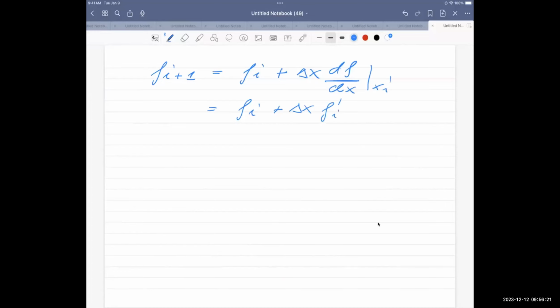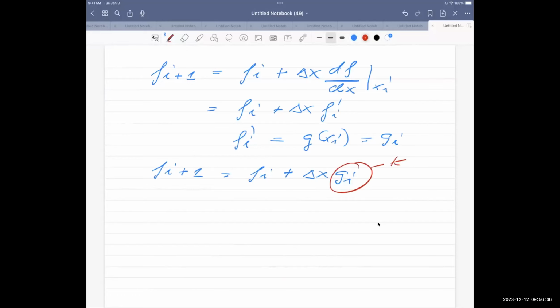And in our case, this f of i derivative is given by this function g of x of i, which we would rewrite as g of i. So that means that the final algorithm is f of i plus 1, and this is given by f of i plus delta x times g of i, where this g of i here, this function here, this is a known function.